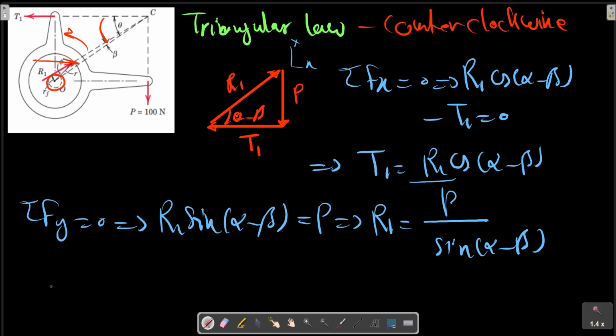Substituting into the previous relation, we have T1 equals P cot alpha minus beta.